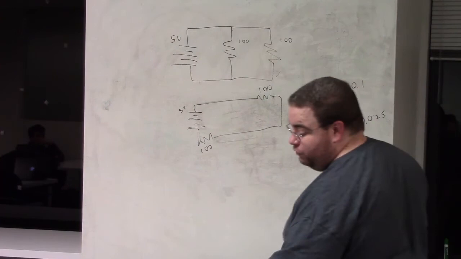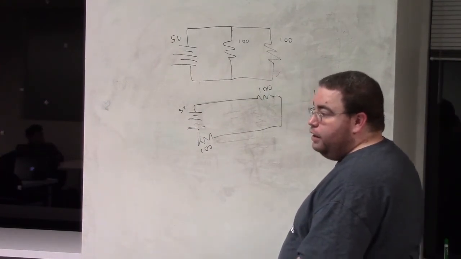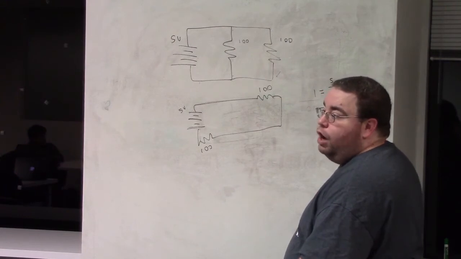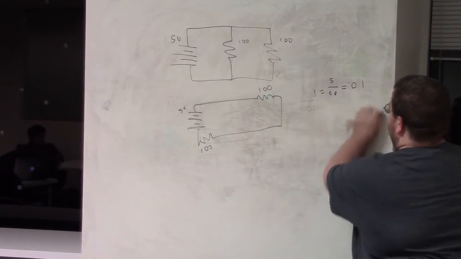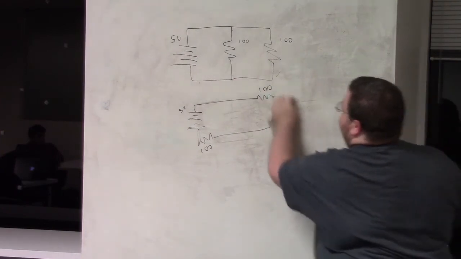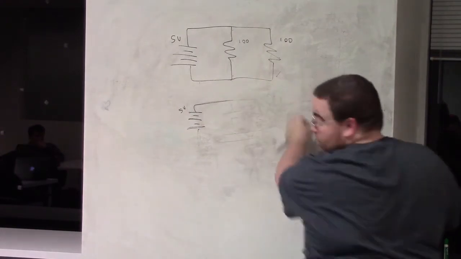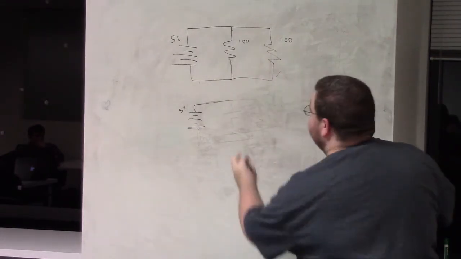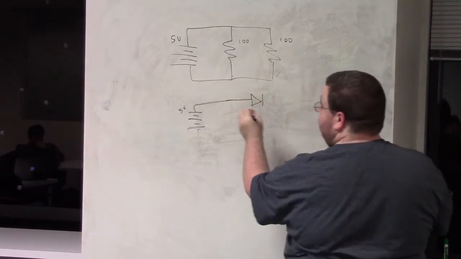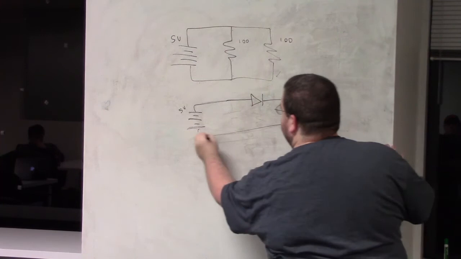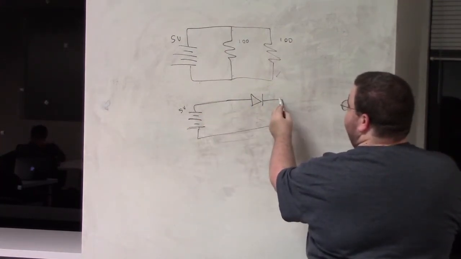Most LEDs, this one, your standard jelly bean part LED, will drop 0.7 volts, always. Which means that if you have an LED in this circuit instead of a light bulb, then what you have, this is the symbol for an LED, by the way, 5 volts here, 4.3 here, and 0.